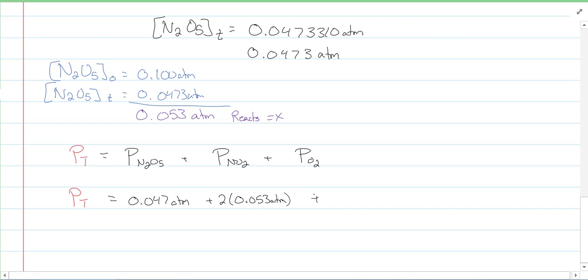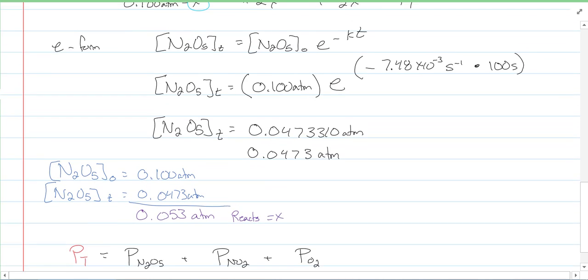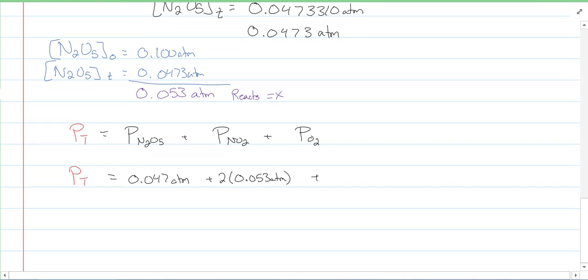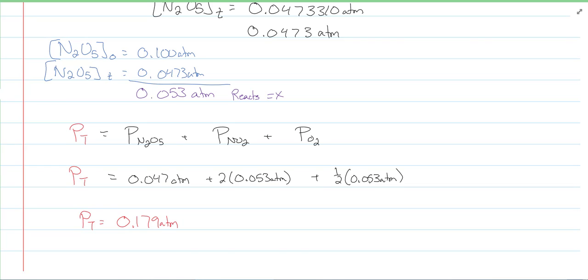And O2 is 1 half x, 1 half of 0.053 atmospheres. That means my total pressure should be 0.179 atmospheres. You might have gotten 0.180 atmospheres. Either way works out good for me.